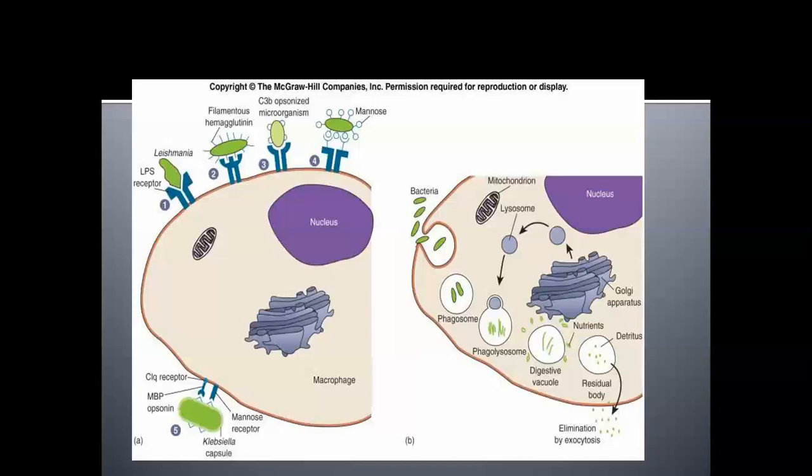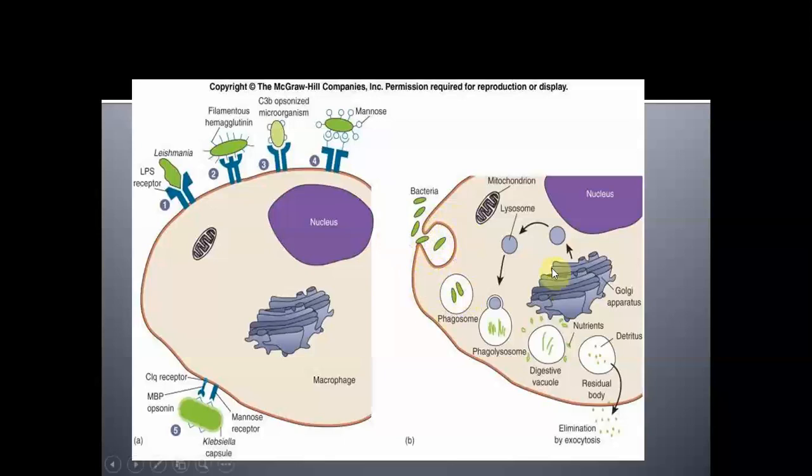When the neutrophil comes in contact with the cell, it will surround it by extending pseudopodia, and then the pseudopodia are going to form a closed chamber around the particle, and this is called the phagosome.